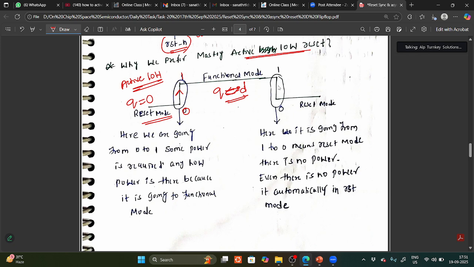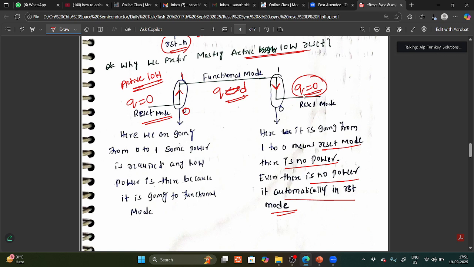But when it goes from 1 to 0, it goes from functional mode to reset mode, and Q becomes 0. So that means when there is no power, automatically it is going to reset mode.